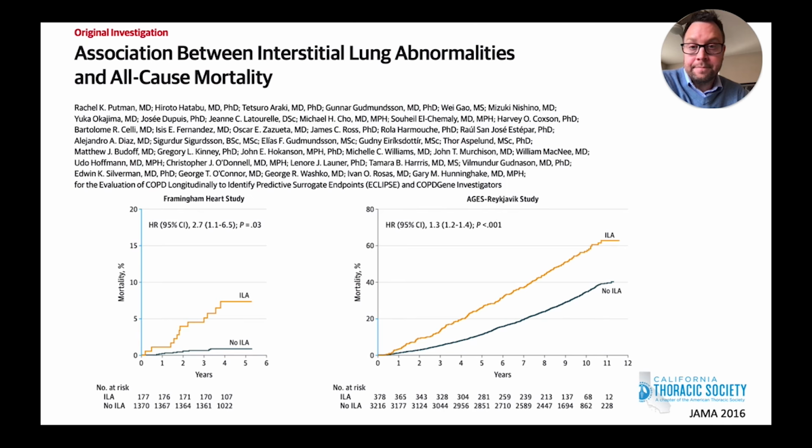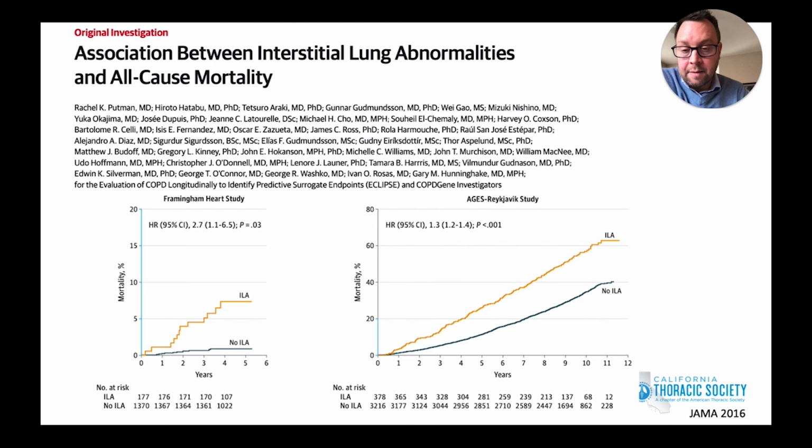Here's some additional data showing why interstitial lung abnormalities are important. This again from the Brigham group in Boston. They looked at the Framingham Heart Study as well as the AGES-Reykjavik study and found that patients with interstitial lung abnormalities had almost threefold higher risk of death compared to those who didn't in the Framingham study, and then about a 30% increased risk of death in the AGES study.